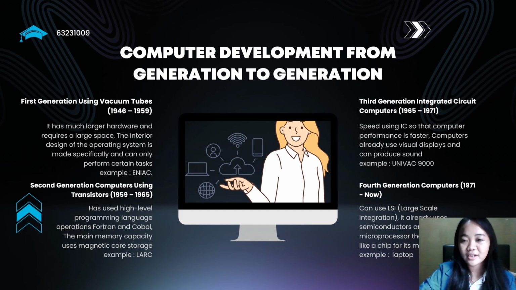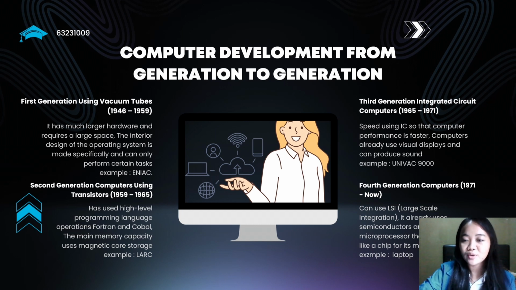The third generation of computers used integrated circuits. The performance of computers in this generation is already faster because they use IC and already use visual display and can produce sound. For example, the UNIVAC 9000 computer.